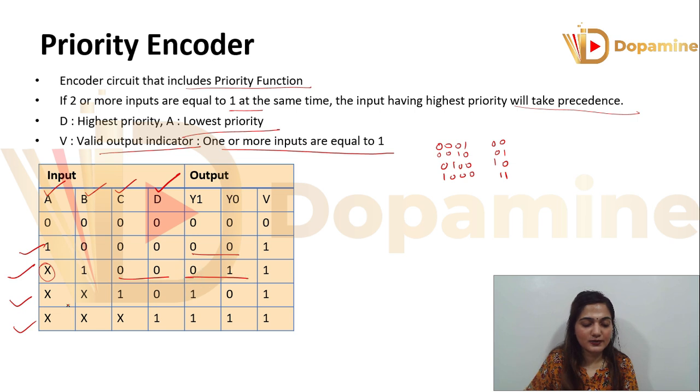Then the output should be 0, 1. If C is 1, lower than that should be don't care, and higher than that D should be 0. Then we are going to get 1, 0 as Y1, Y0. If D is set to 1, I am not bothered about A, B, C. So I am going to get Y1, Y0 as 1, 1. V is set to 1 when any of the inputs is 1.